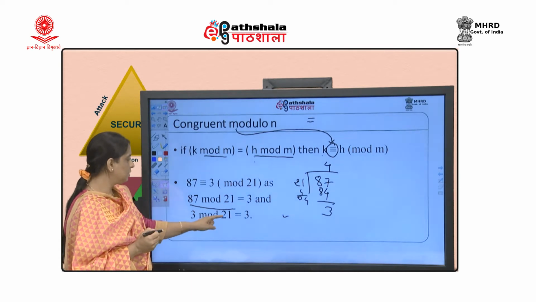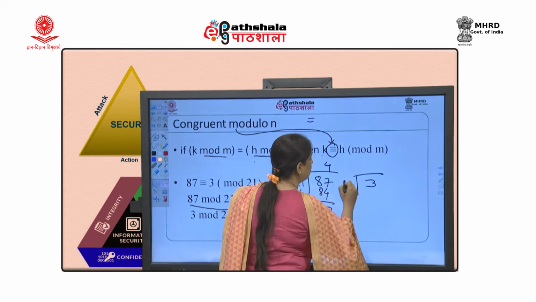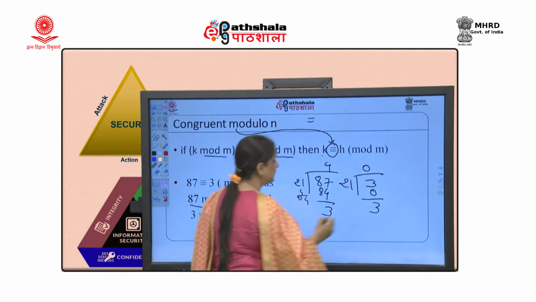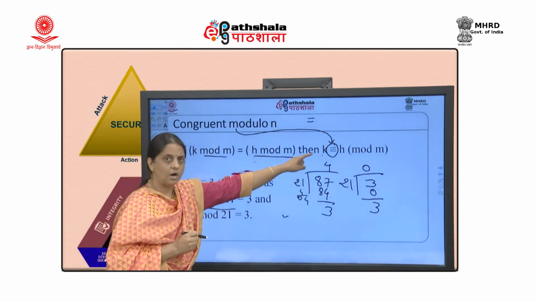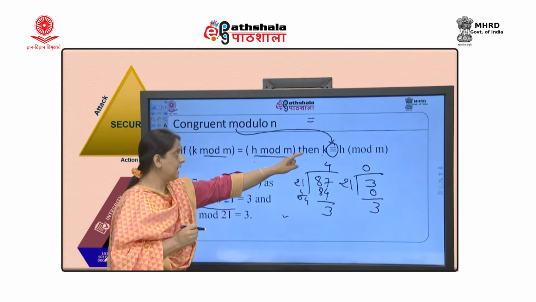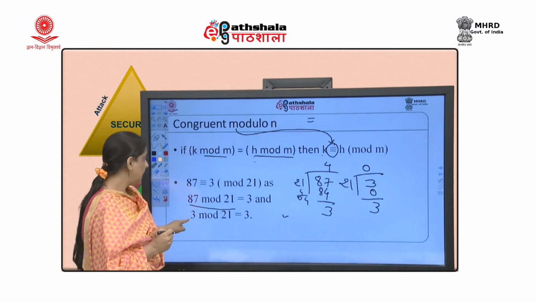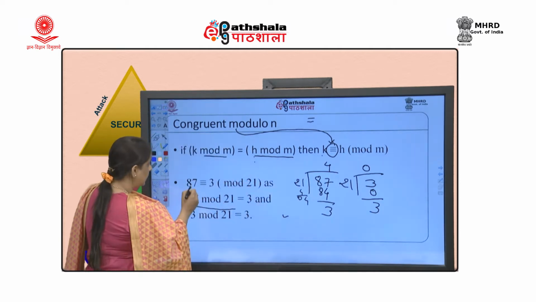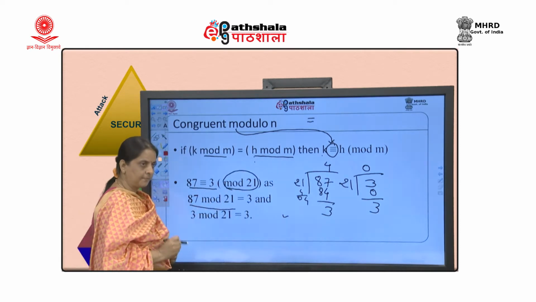If I do 3 mod 21, if you divide 3 by 21, once again the remainder is 3. So if both give the same remainder, then according to our definition, k is congruent to h. In our case, k is 87 and h is 3. We can say 87 is congruent to 3, but do not forget to mention the modulus.